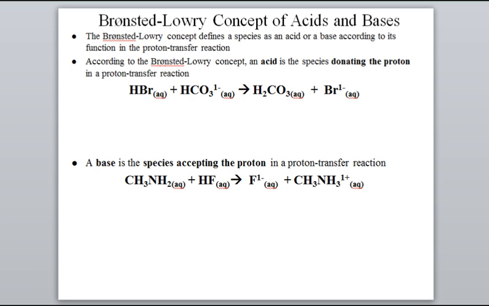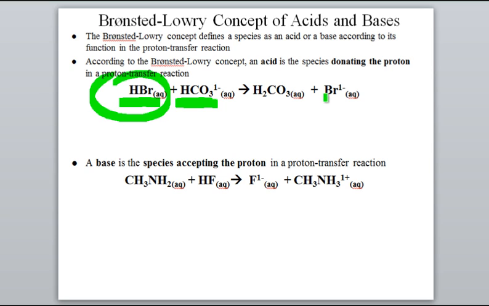So, if you were given a chemical reaction and you're asked which chemical on the reactant side is the acid, well, you need to look at the products, what's formed. What's the chemical that loses the H? On the reactant side, we have HBr. We have another reactant that contains an H. Which one is the acid? That's hydrogen carbonate.